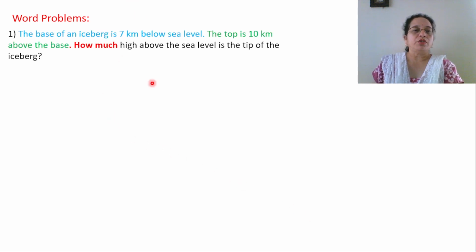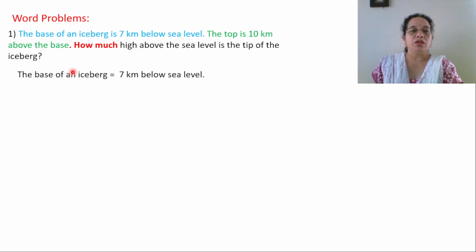Now the time is for a word problem. The base of an iceberg is 7 km below the sea level. The top is 10 km above the base. How much high above the sea level is the tip of the iceberg? I have used different colors here so that you can write down the statements accordingly.